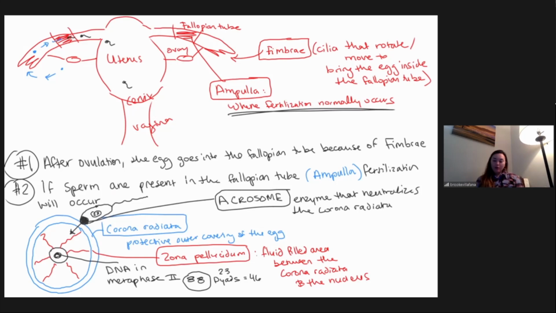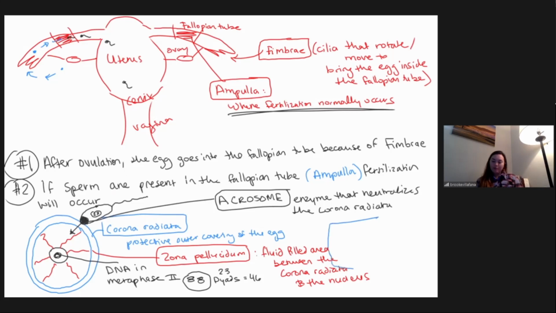So hopefully you're getting to this next step, thinking, wait a second, this is the egg, has 46, and then this is the sperm, and it has 23. That doesn't look right. If those join up, that math is not going to work out. And we're still in metaphase 2, right? So how in metaphase 2 has the female finished meiosis? Well, that is a great question.